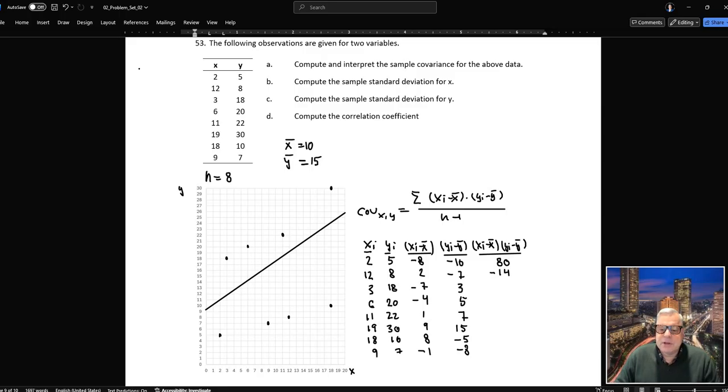Negative 7 times 3, negative 21. Negative 4 times 5, negative 20. 1 times 7, 7. 9 times 15, 135.